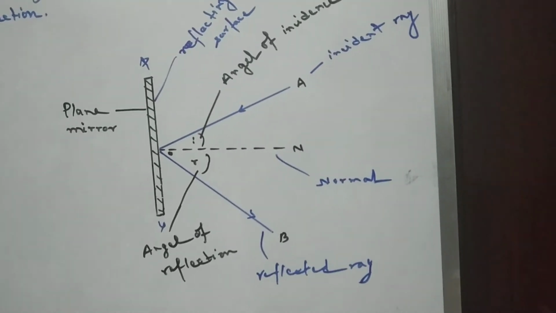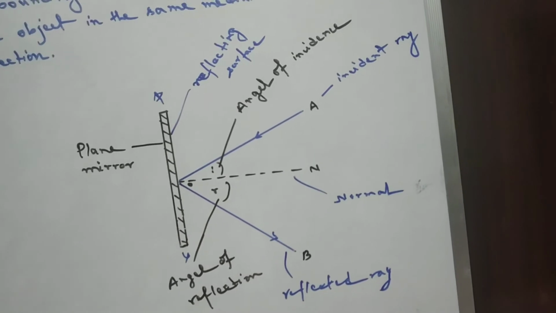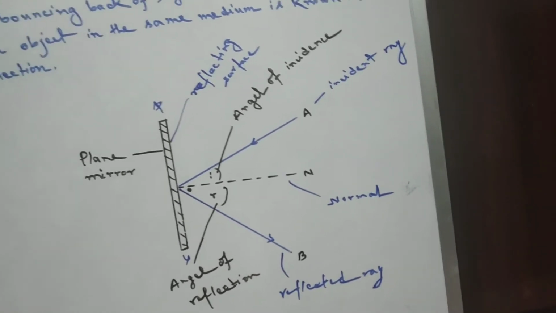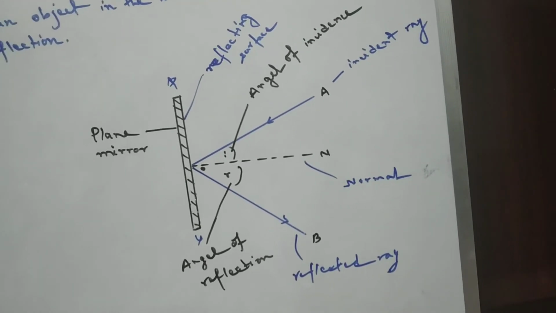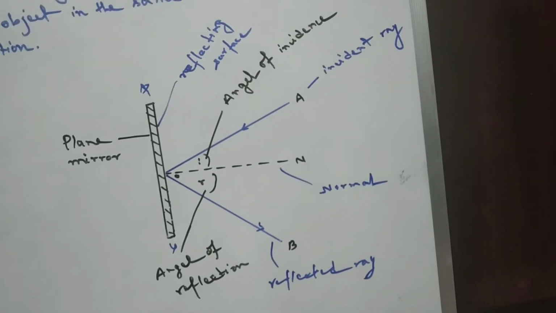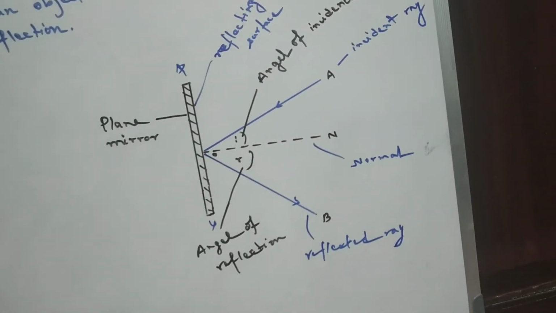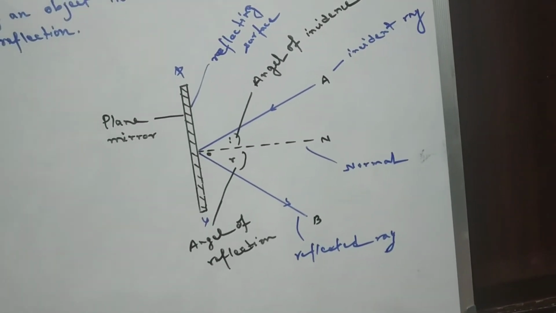The angle created by the incident ray with the normal is known as the angle of incidence. That means here AON is the angle of incidence. The angle of incidence is denoted by I. The angle created by the reflected ray with the normal is known as the angle of reflection.